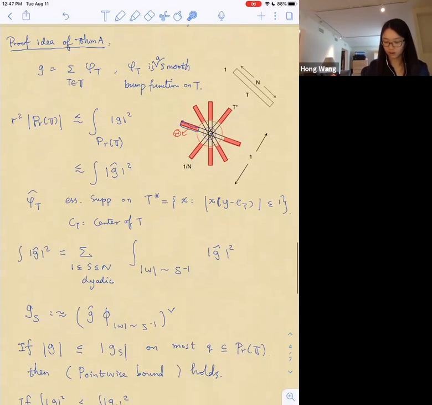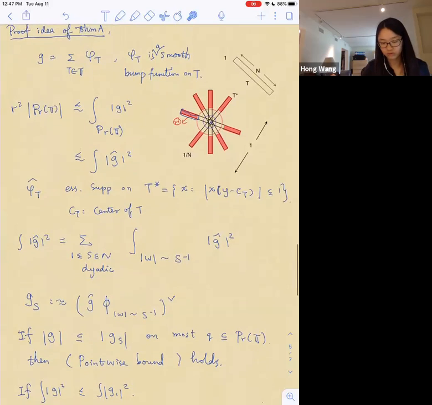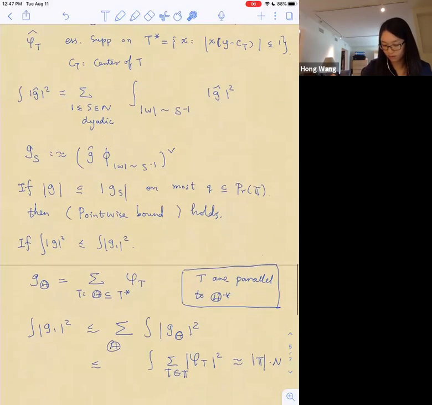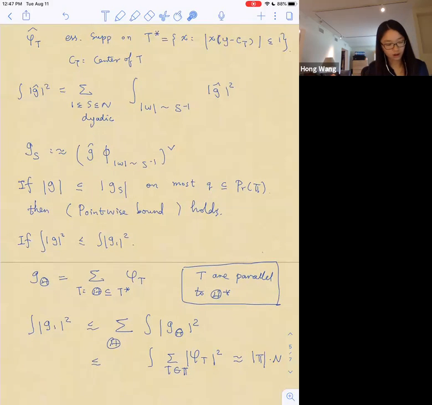Now we have described all the proof idea of theorem A. And there are a few comments after the proof.